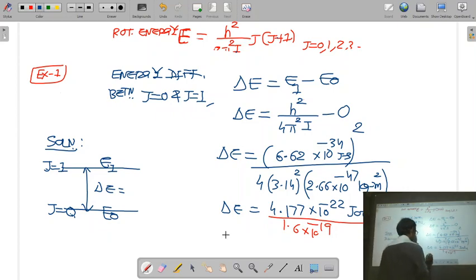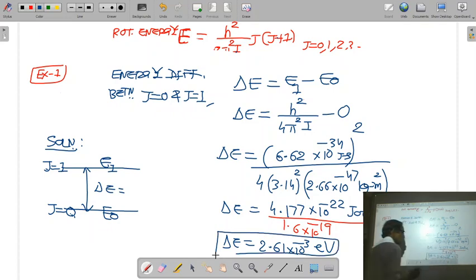So we will get the energy difference 2.61 times 10 to minus 3 electron volt. In this way, we have calculated the energy difference between the lowest rotational level 0 and upper level 1. That comes 2.61 times 10 to minus 3 electron volt.